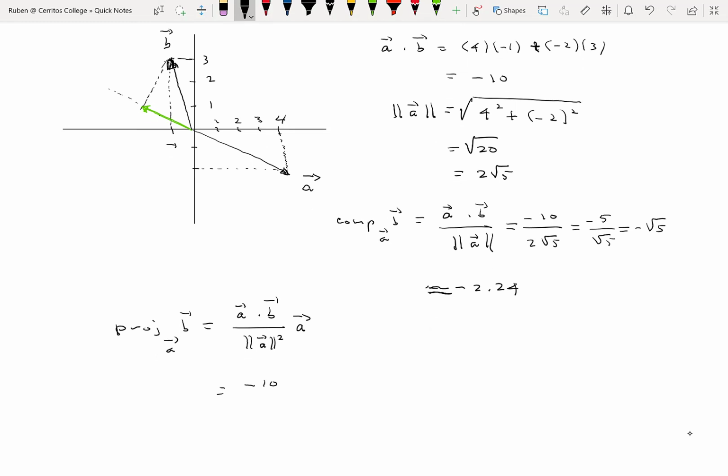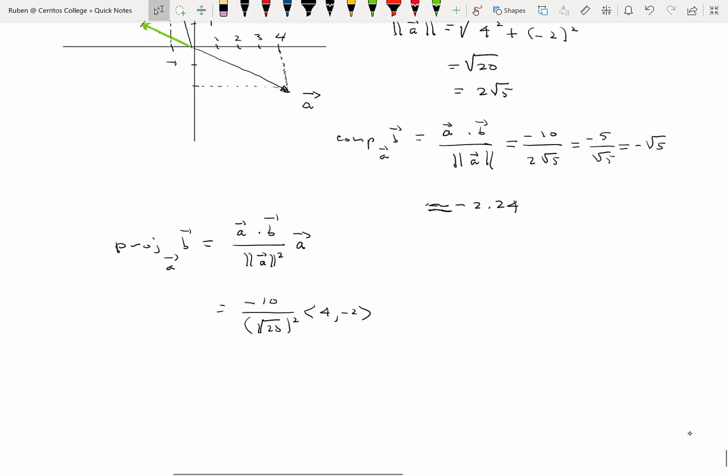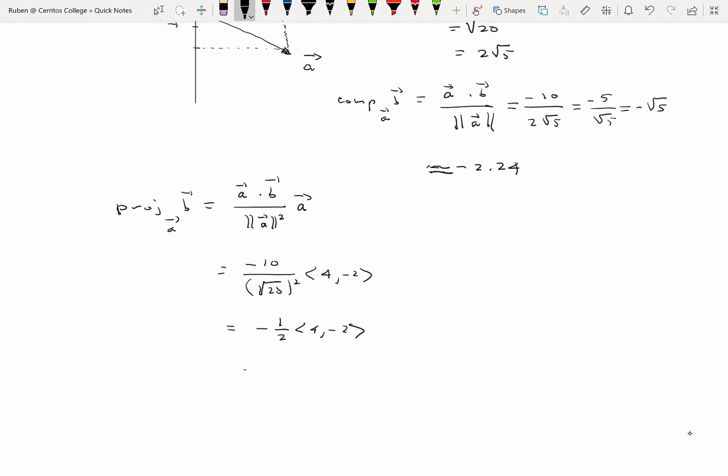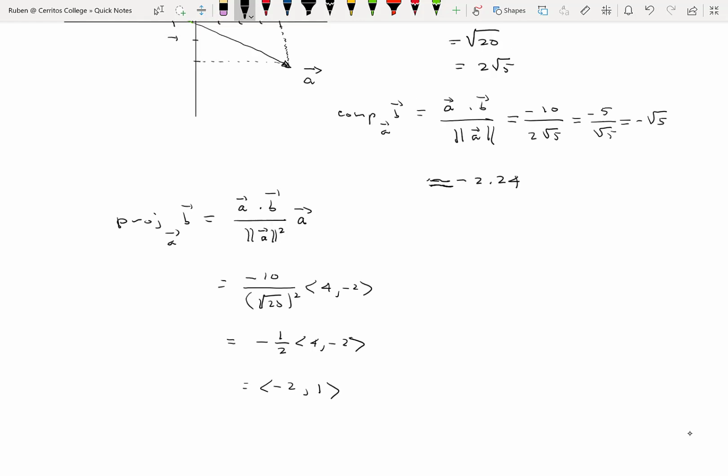The length of A is the square root of 20, so the square root of 20 squared. And A is the vector whose components are 4 and negative 2. So this is negative 10 over 20, that's negative 1/2 for the vector whose components are 4 and negative 2, or a vector whose components are negative 2 and 1.